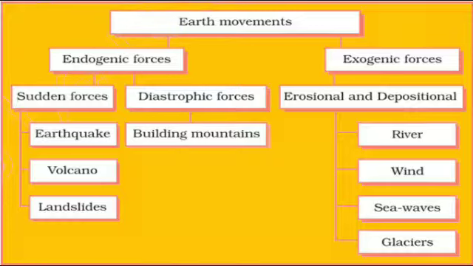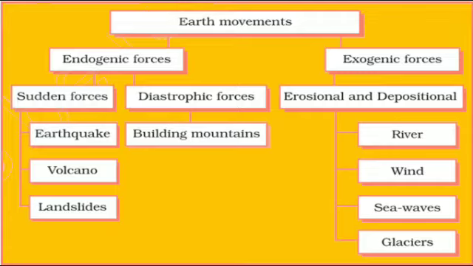In this particular flow chart, we can understand in detail about the Earth's movement. It is divided into two types, endogenic forces and exogenic forces. Let's come to the endogenic part. It has sudden forces. Due to these sudden forces, we can have the results of earthquake, volcano, and even landslides. That means all these things happen inside and then we have the result outside.